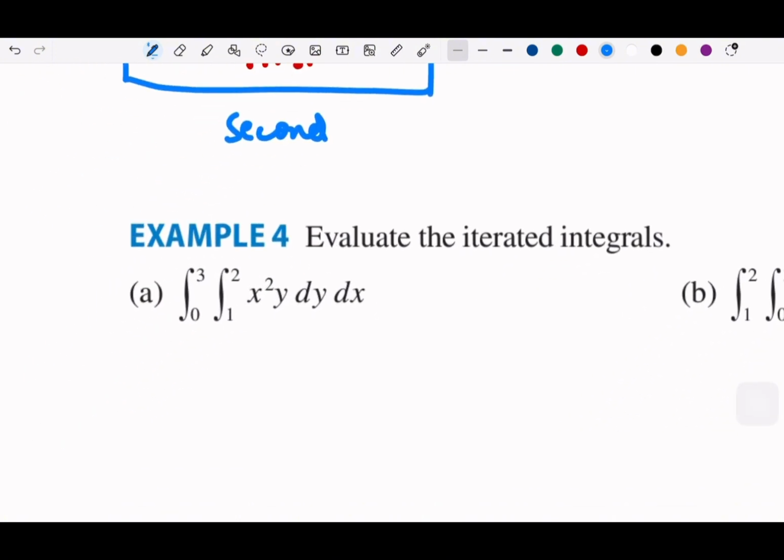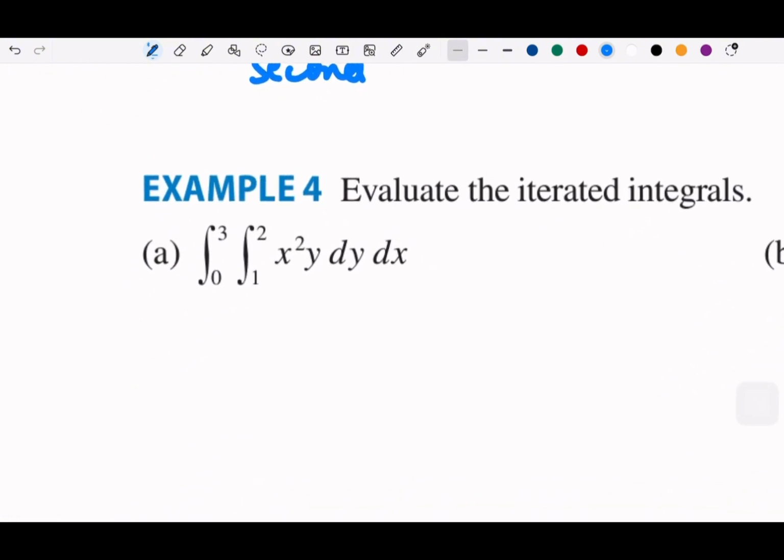First, we integrate the surface with respect to y. So we focus on y only and treat x as a constant, so just leave it as it is. Integrating y becomes half y squared.